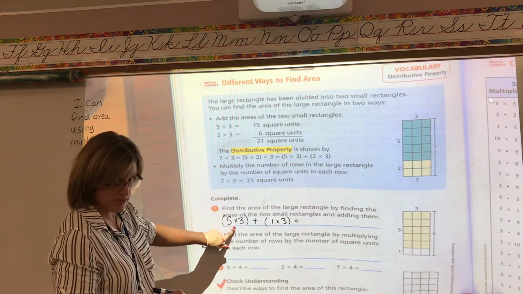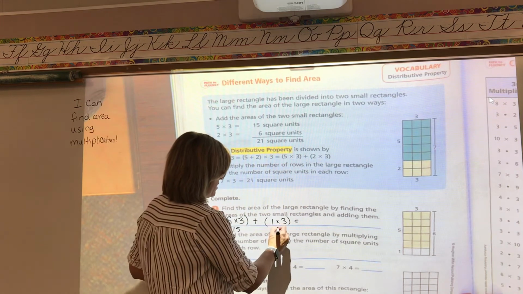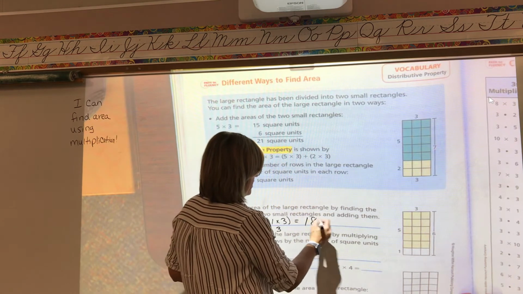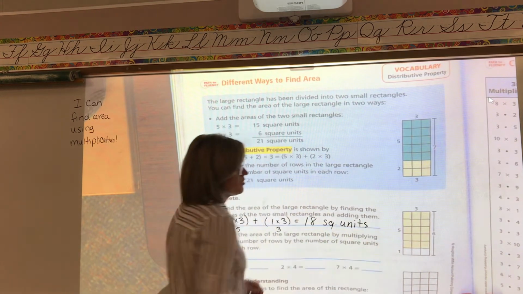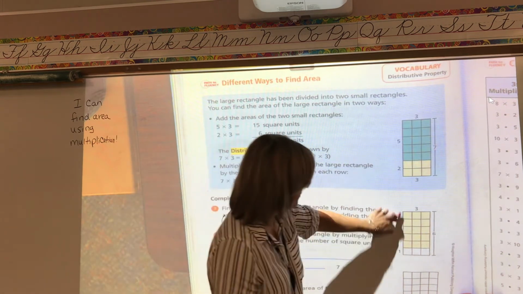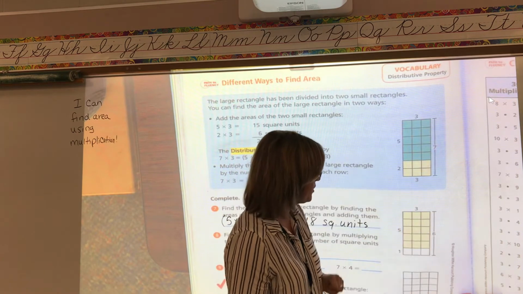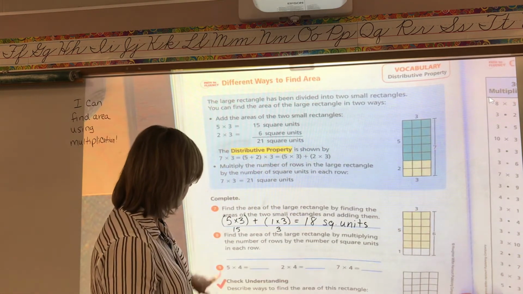Well, what's 5 times 3? 15. What's 1 times 3? 3. 15 plus 3 equals 18 square units, okay? It would be the same thing if we looked at this whole side. 1, 2, 3, 4, 5, 6 times 3 is 18. Just breaking it down. All right?